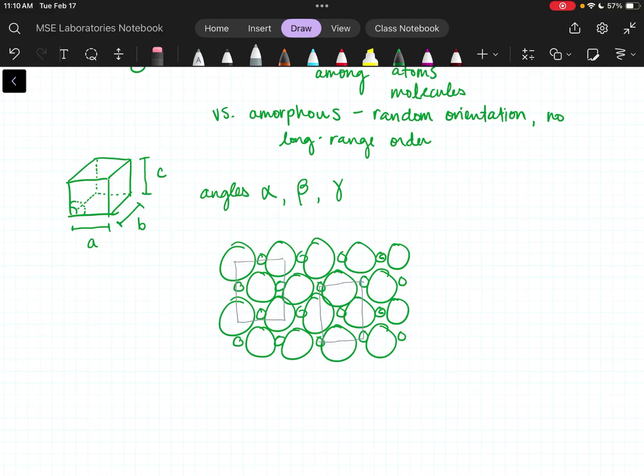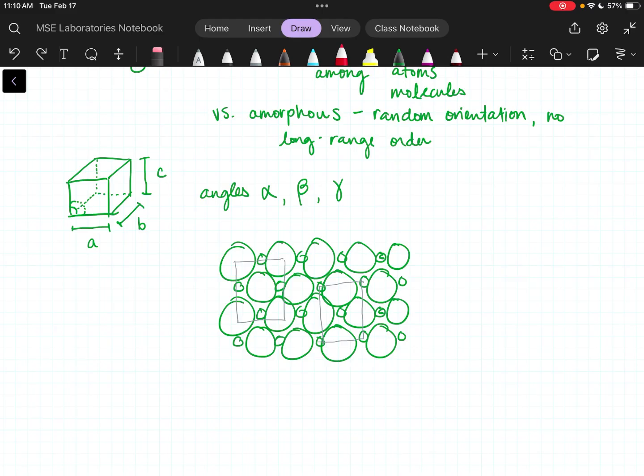And in sodium chloride, it is actually cubic, so I have done a bad job of drawing squares here. But the idea is each corner is in something that repeats. So I could go to the next one and I'd find the exact same atom. And I could go again that same distance and I'd find the exact same atom.